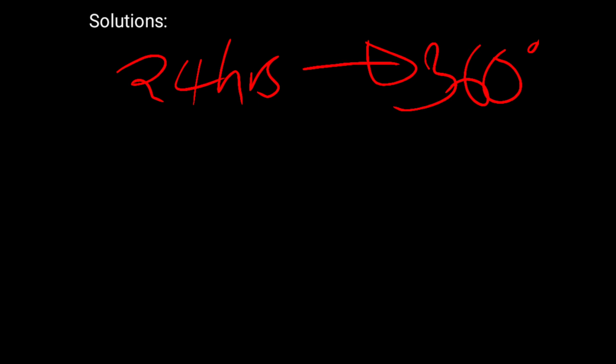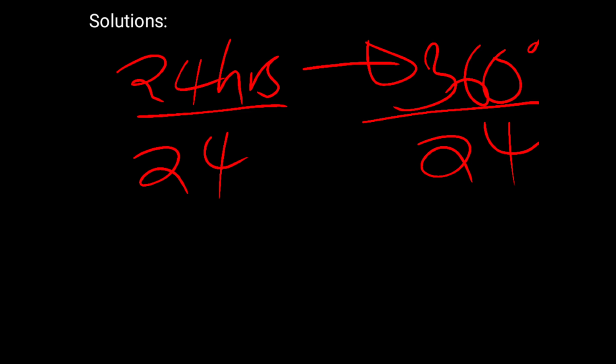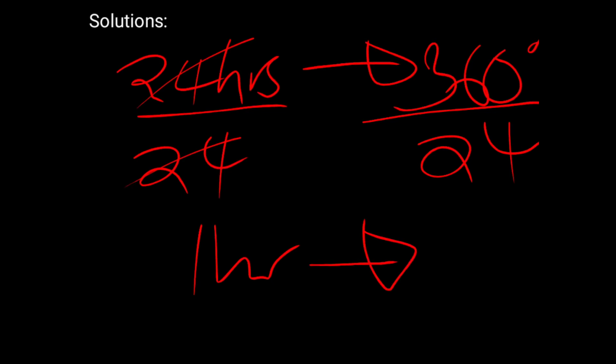So if we divide 24 hours by 24 hours, that will give us 1 hour. That will be equivalent to 15 degrees. 360 divided by 24 is 15 degrees. This is why we understand that it requires 1 hour for it to make a 15-degree turn.